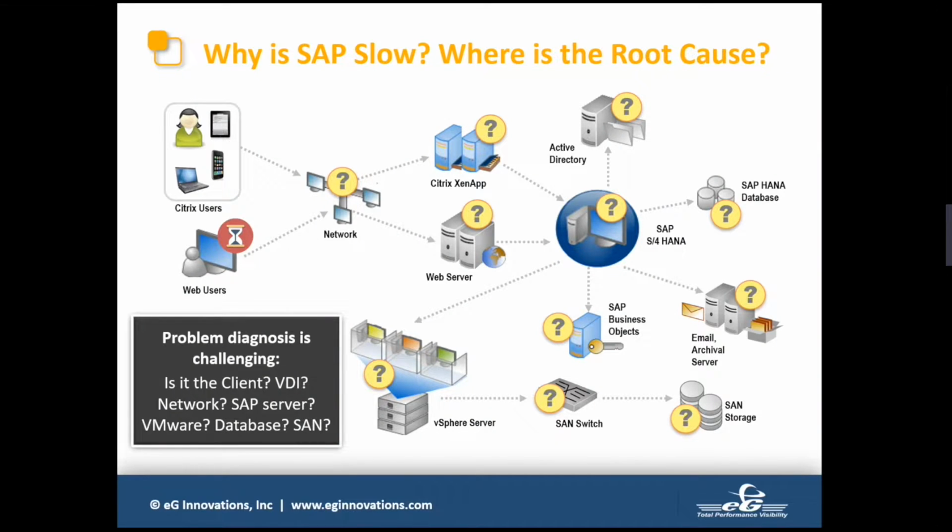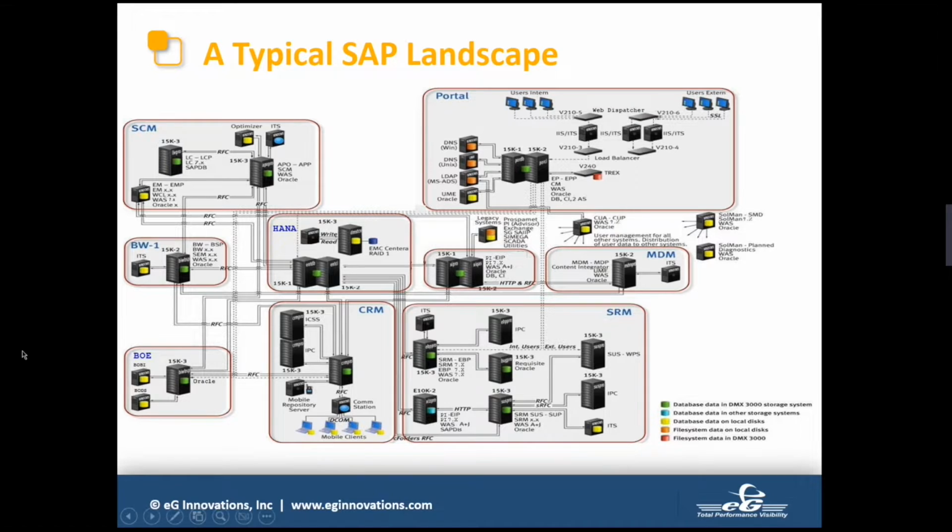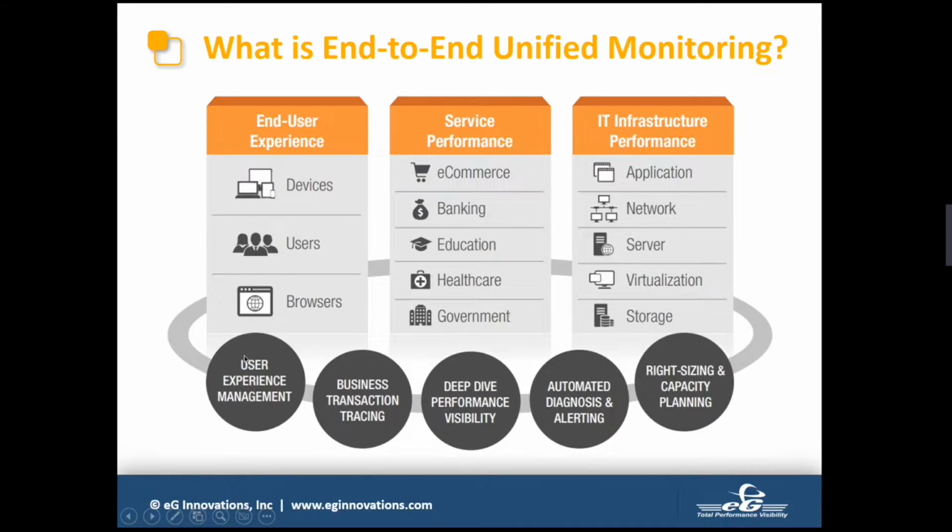So we have a complete end-to-end monitoring of SAP infrastructure that gives us a 360-degree view into what is really happening, where we start from user experience management to business transaction tracing, then go into deep dive performance visibility, and finally to automated diagnosis and alerting.